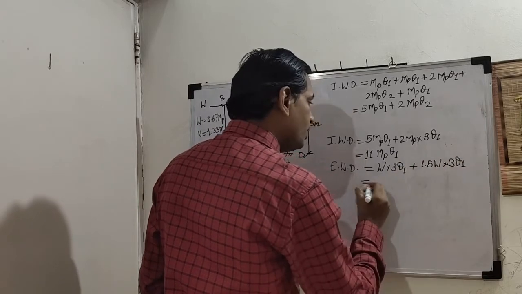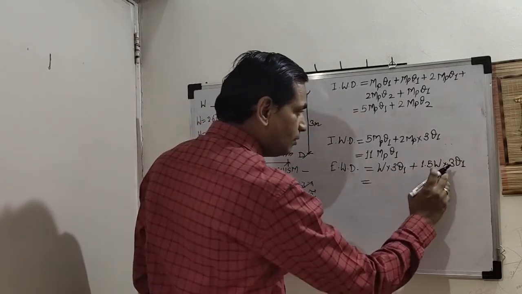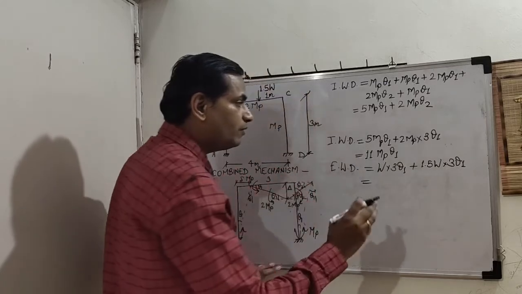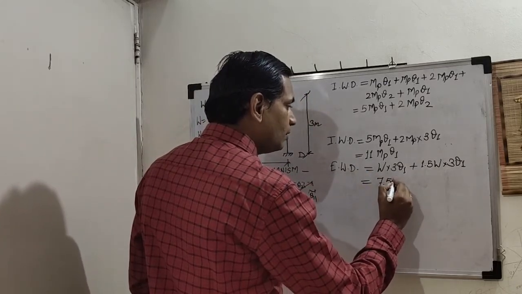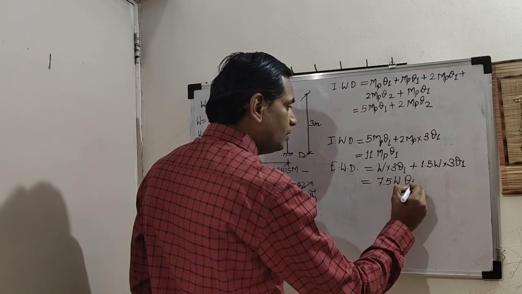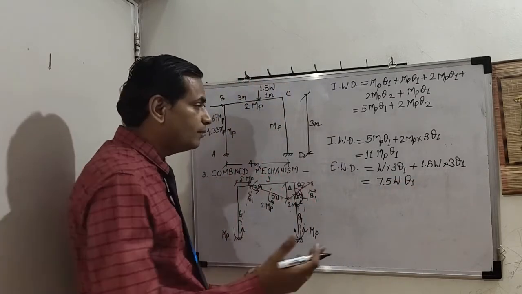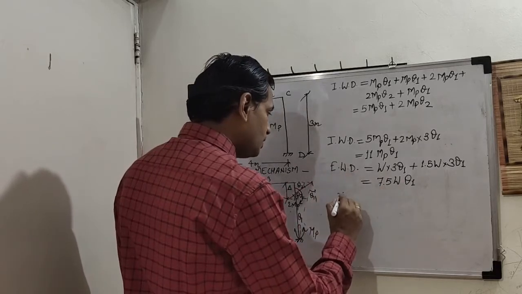So how much is total external work done? This is 3 plus 3 into 1.5, 4.5 plus 3, 7.5 W theta 1. Simple. Equate these two.